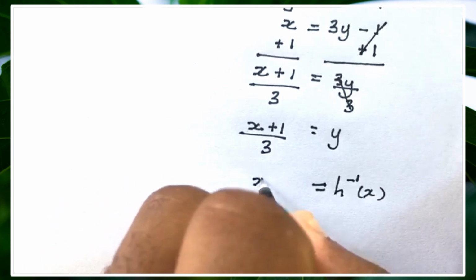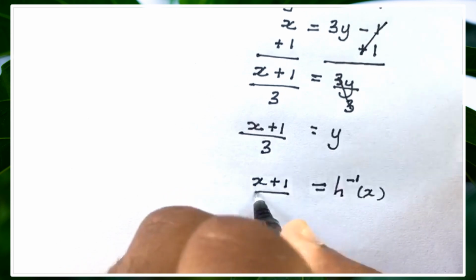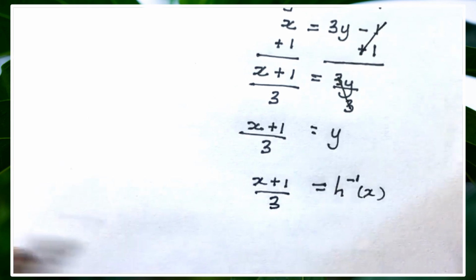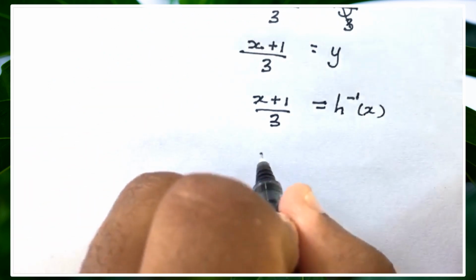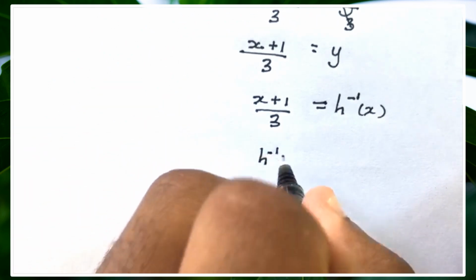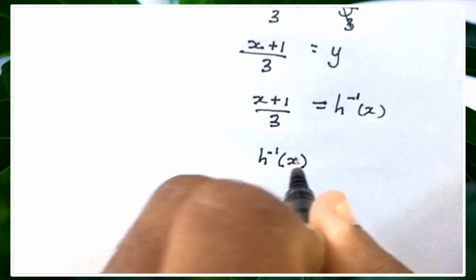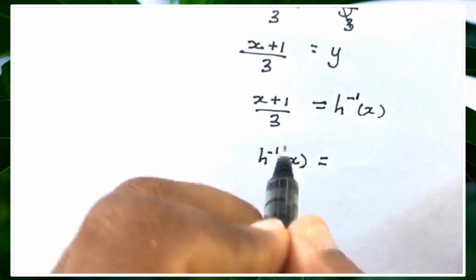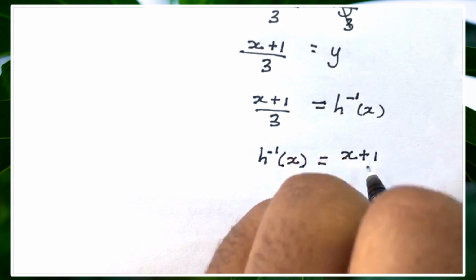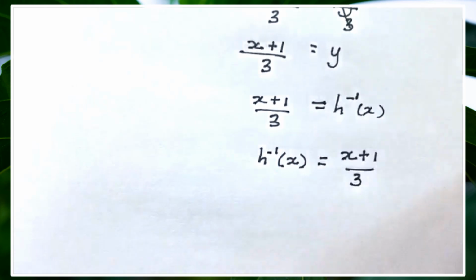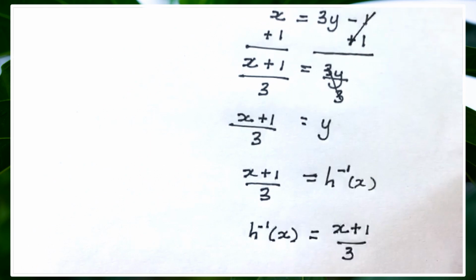And we can keep the original function, the thing that we just solved for. So if you wanted to clean it up a little bit, you could put h inverse on the left hand side and put what you just worked out on the right hand side, x plus 1 divided by 3. And pretty much that's it.